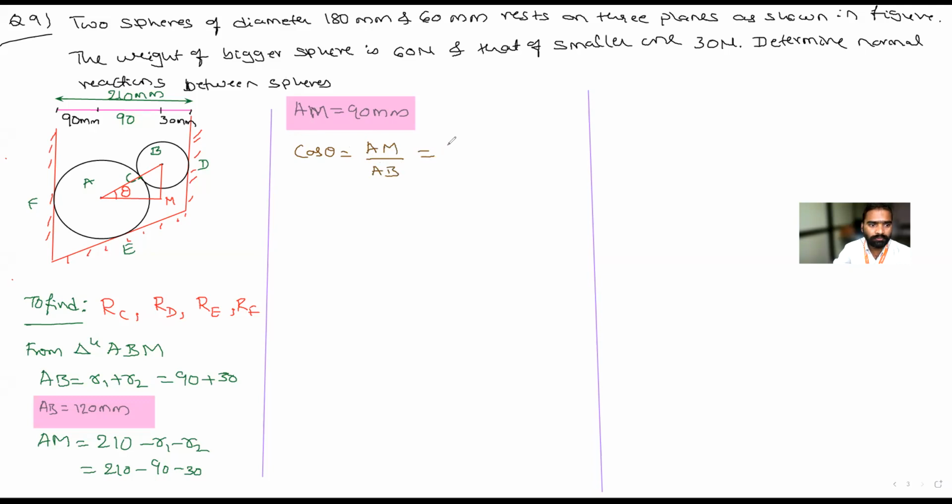AM is equal to 90, AB is 120. So theta is 41.40. So this is the value of your theta. Once you calculate the theta value, the rest is easy. Is it clear everyone how to find out the theta value?